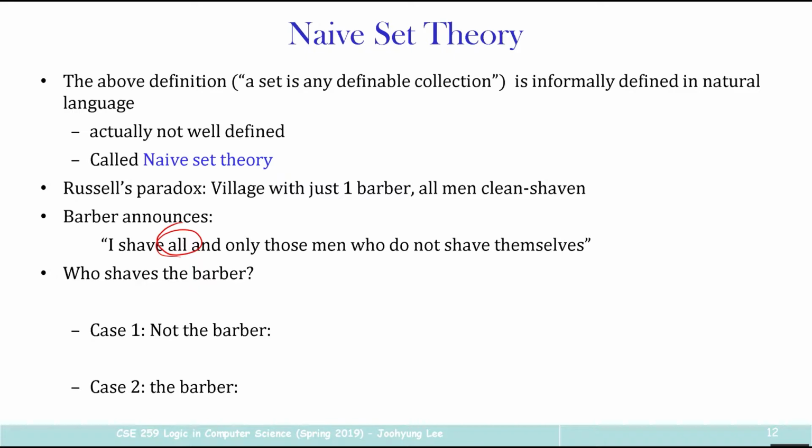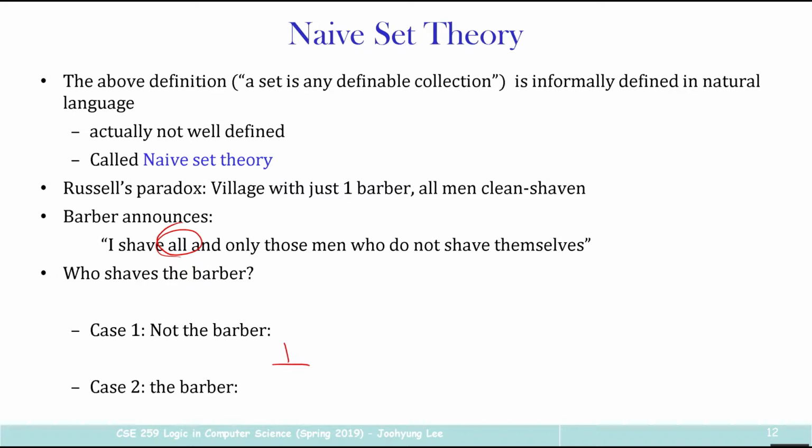So if somebody else shaved the barber, meaning the barber is not shaving himself, then since he has to shave all those people, he has to shave himself. This is a contradiction. A little bit tricky. If you didn't understand, just read it again and you may get it.